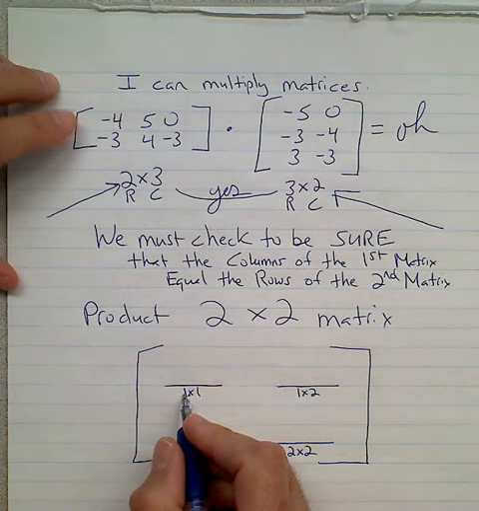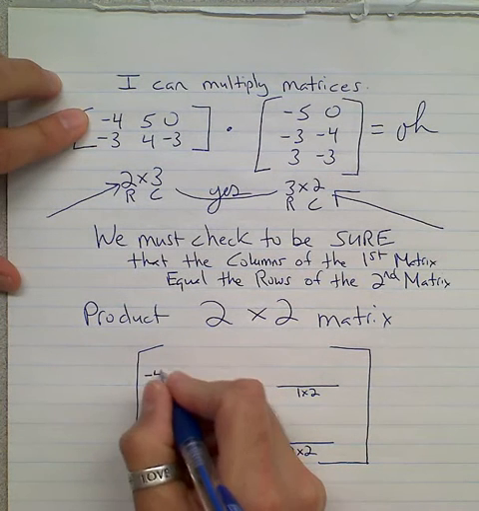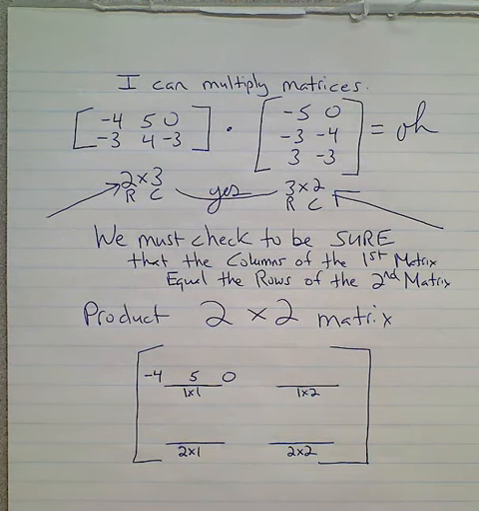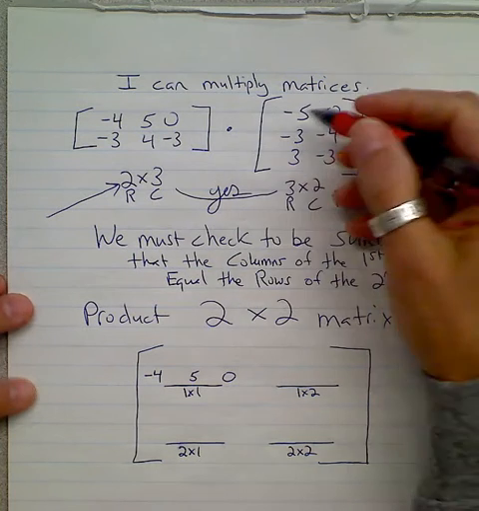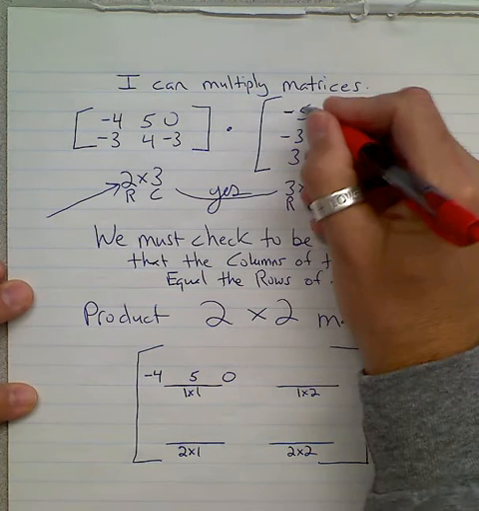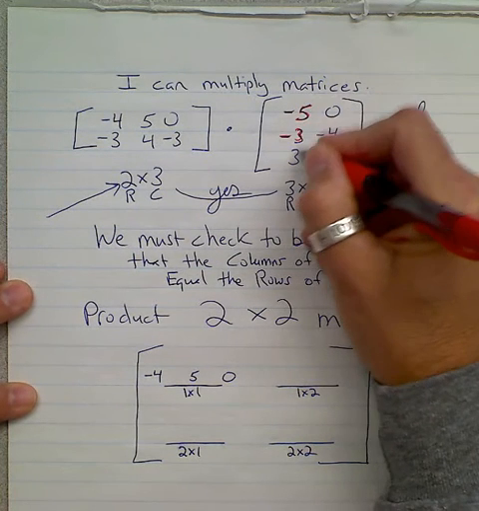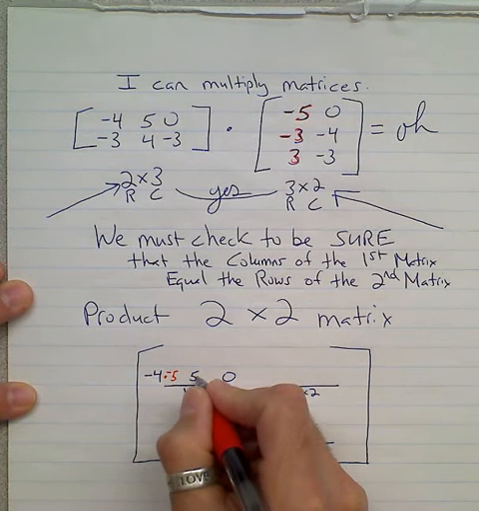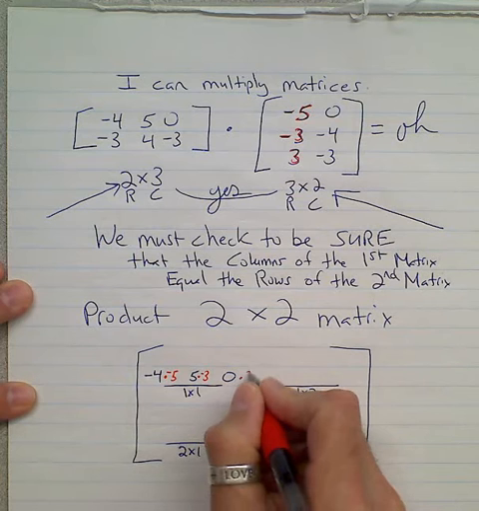This is the first row, negative 4, 5, and 0. And it is going to be multiplied with the first column, which I'm going to turn into red here. And it's going to be times negative 5, times negative 3, and times 3.